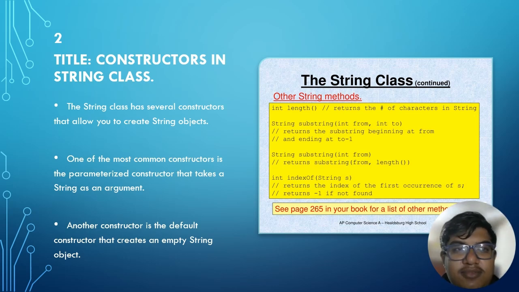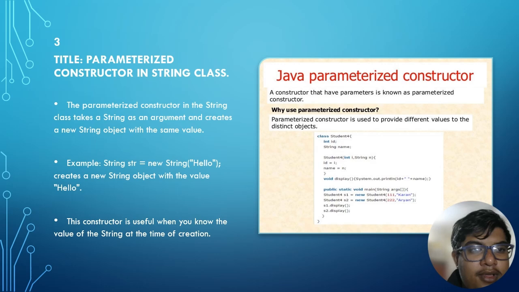So let's see the parameterized constructors in the string class. The parameterized constructor in the string class takes a string as an argument and creates a new string object with the same value. For example, you can see str equals new String of hello.